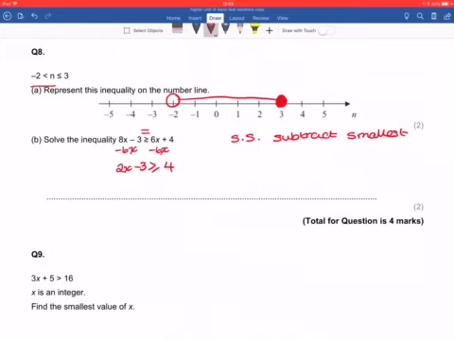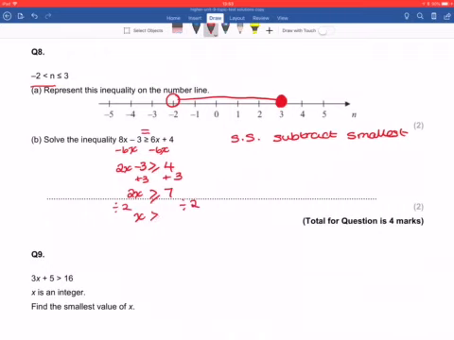Right, I want everything with x on one side, everything else on the other. So I'm going to add 3 to both sides. So I get 2x, still the same sign, greater than or equal to, and then that's 7. And then I don't want 2x, I just want 1x. So I'm going to divide both sides by 2 to get 1x.